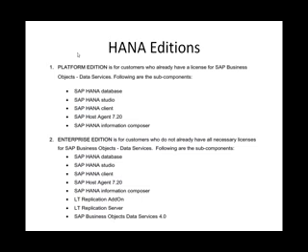So let's look at the different editions. We've seen very briefly what the different editions are that you have with SAP HANA. You have the platform edition where the core components of SAP HANA are given: the SAP HANA database, HANA Studio, HANA Client, Host Agent 7.2, and the HANA Information Composer.